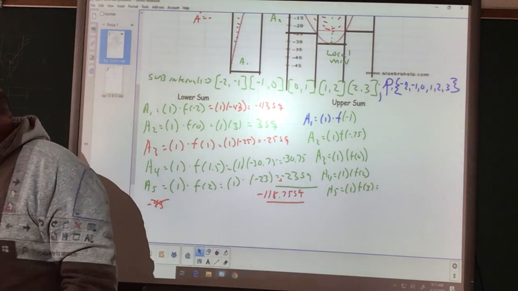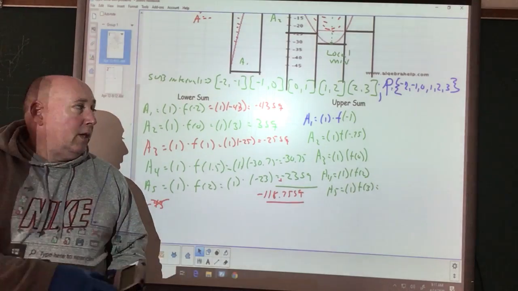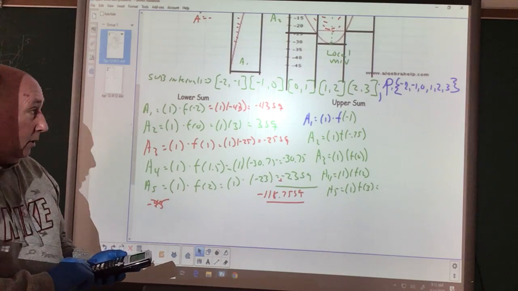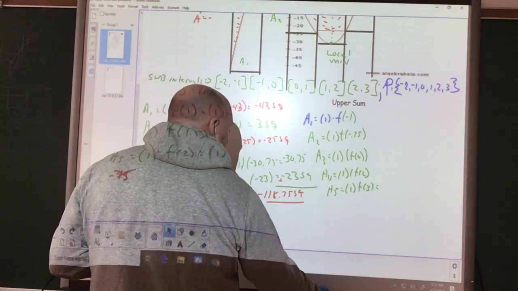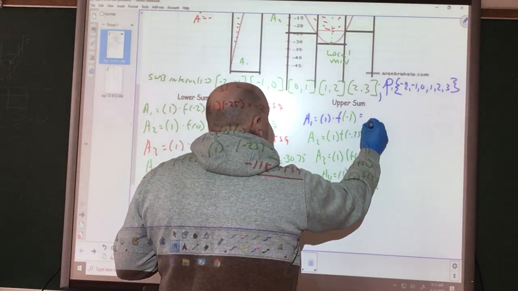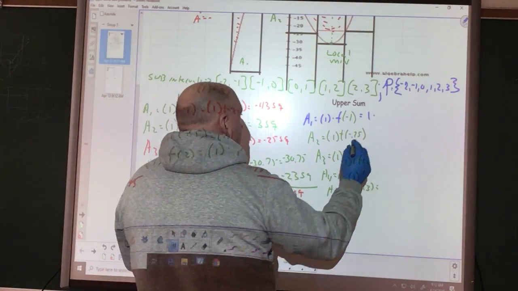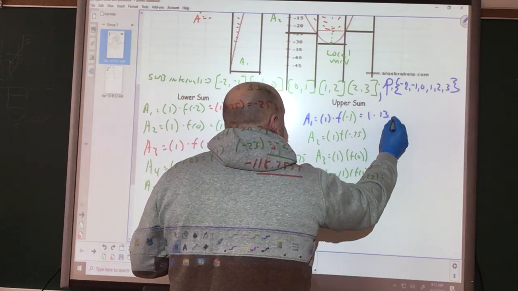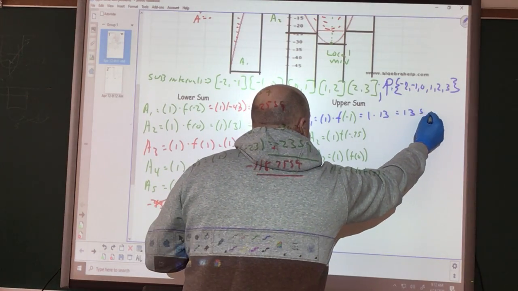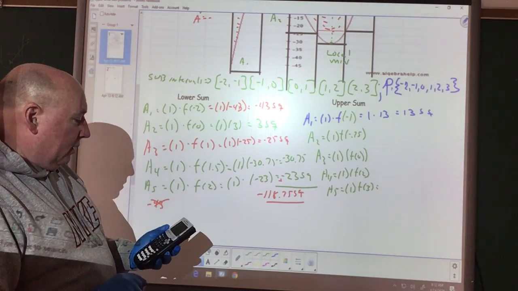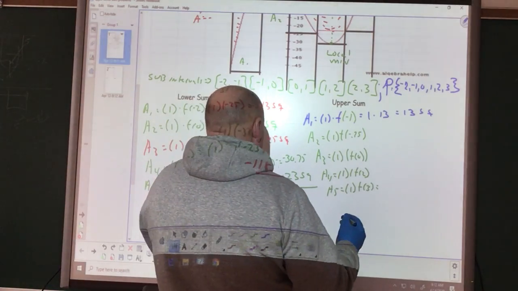So if we take a look at these values here for the upper sum, I'm going to calculate my values. We have 1 times my function value at negative 1, which is 13. So we have 13 squares here. Negative 0.75 is 14.81.